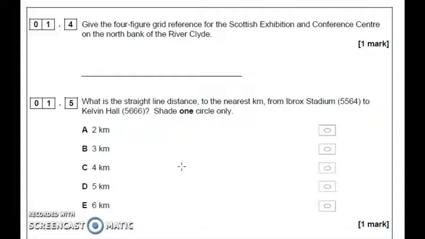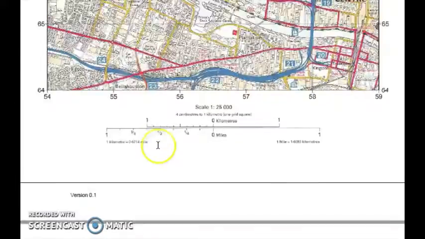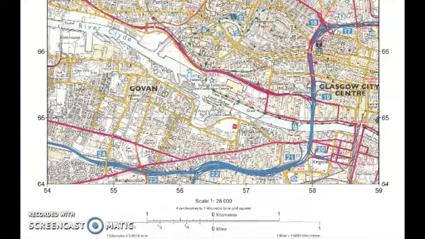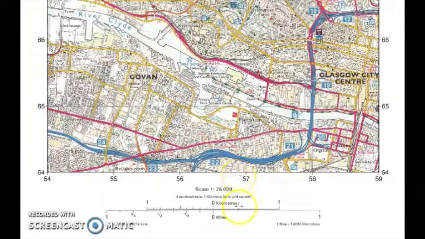Question 1.5. What is the straight line distance to the nearest kilometre from Ibrox Stadium to Kelvin Hall? Shade one circle in only, and you've got a few options. Again, you've got to find them on the map. We've got Ibrox Stadium down here, and you've got Kelvin Hall here. So when you're looking at distance, the scale is very important.